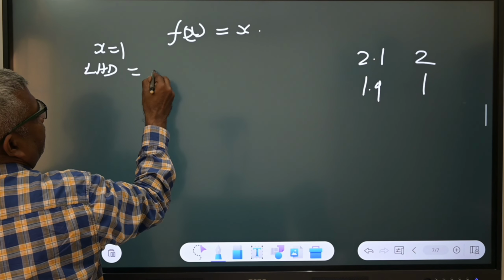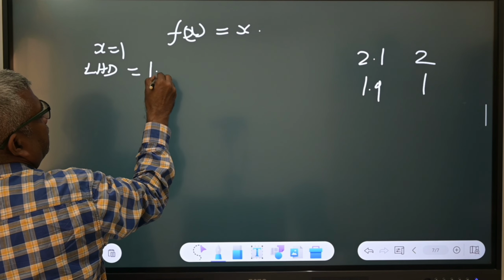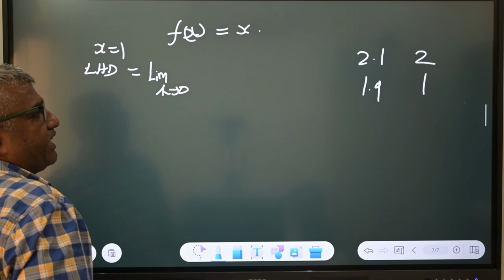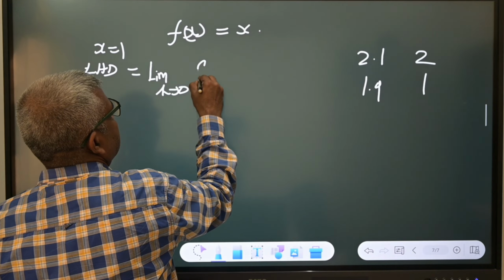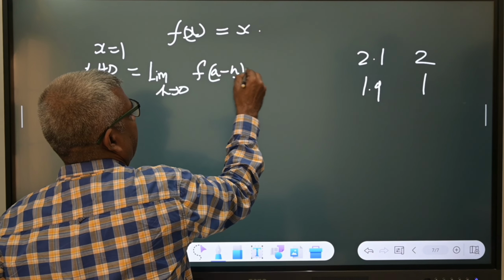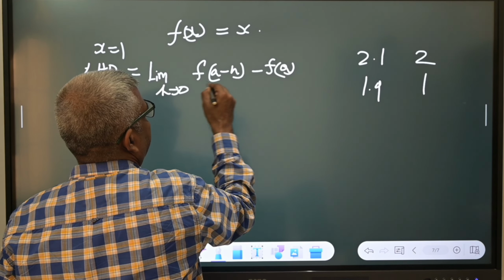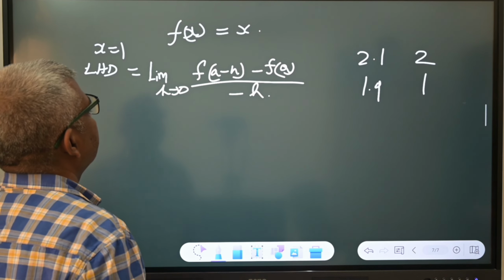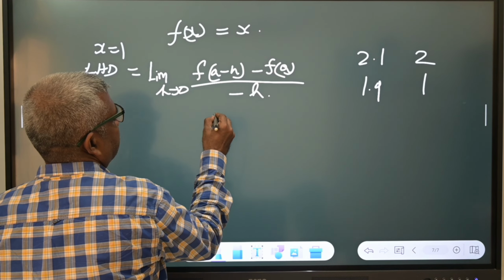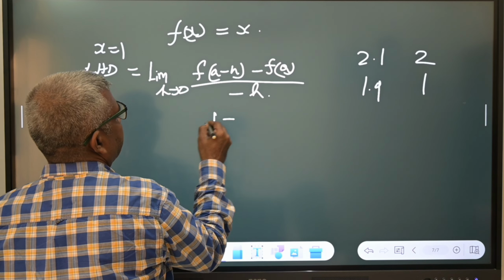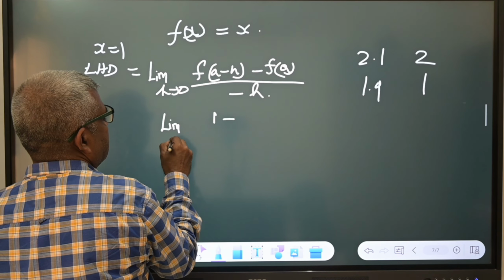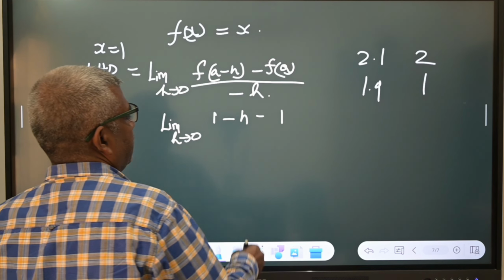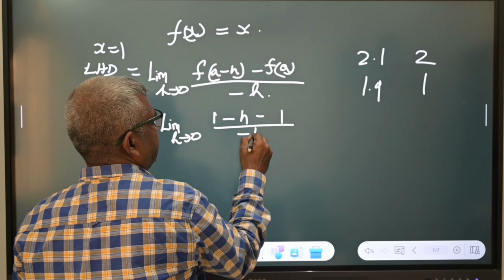The left hand side derivative is limit h to 0, f of a minus h minus f of a divided by minus h. Here a is 1, so it is the greatest integer of 1 minus h, minus 1, divided by minus h.